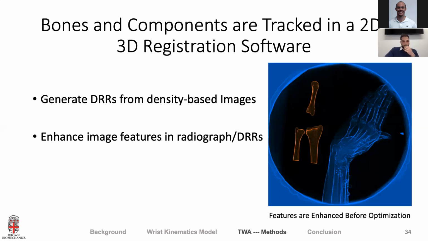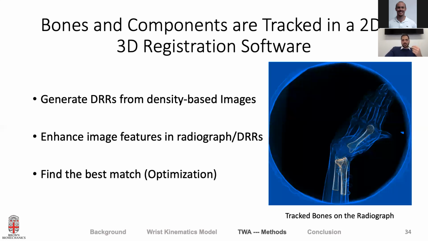We basically want to see the same image features in both the DRR and X-ray. And using 3D image matching algorithms, the software finds the optimized position in 3 dimensions. In this project, I used Autoscoper, which is one of the software tools that I developed in the past few years. And right now, Autoscoper uses a particle swarm optimization method.